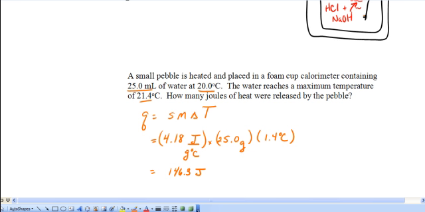Now, in this case, again, the heat is being released. However, the question says that it's being released, so we're not going to put the negative sign in there. If it says that it's released, you already are saying the direction of flow of the heat.